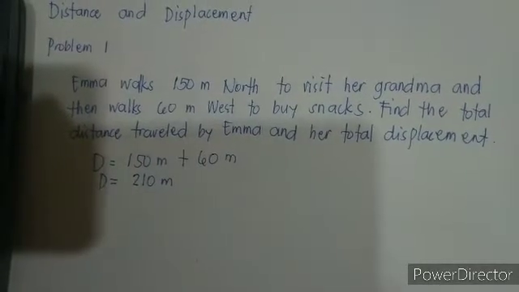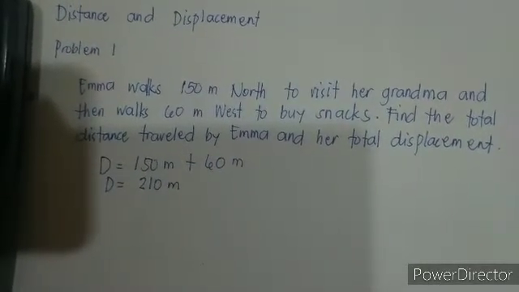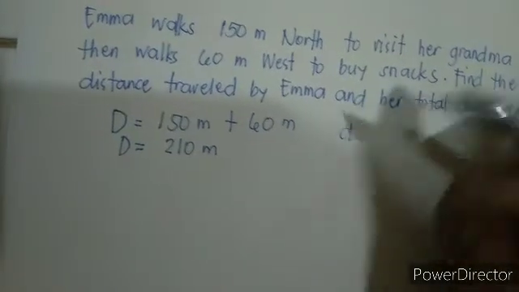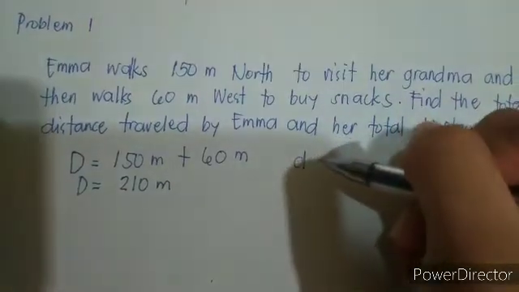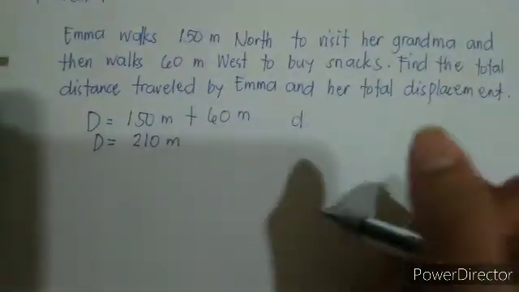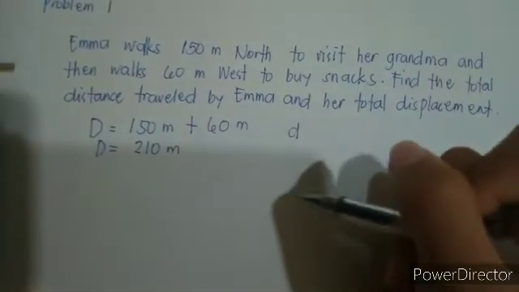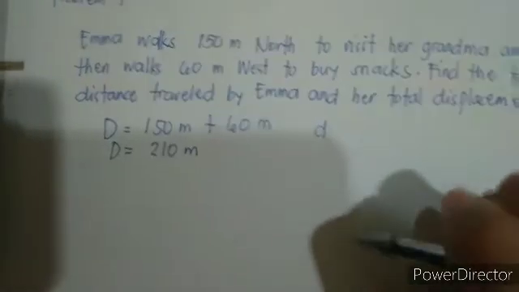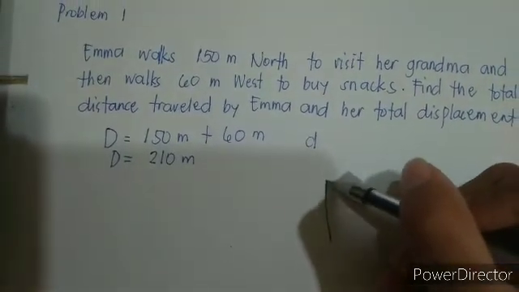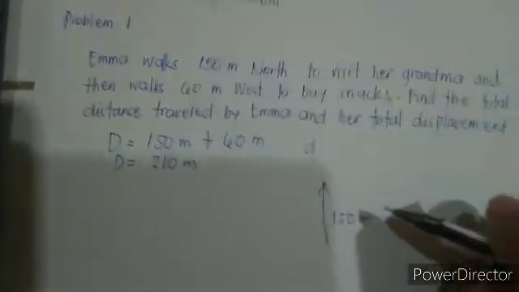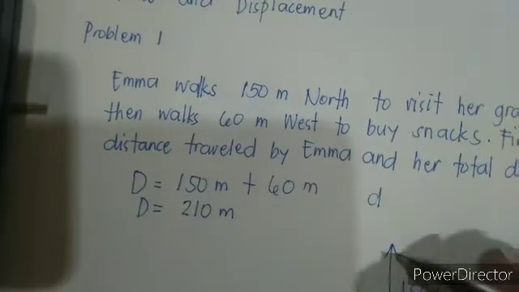Next question is the total displacement of Emma. So let's have small letter d as we solve for displacement. Since they have different direction, we will use the Pythagorean theorem. So we would make the illustration first. Emma walks 150 meters north, and then 60 meters west.